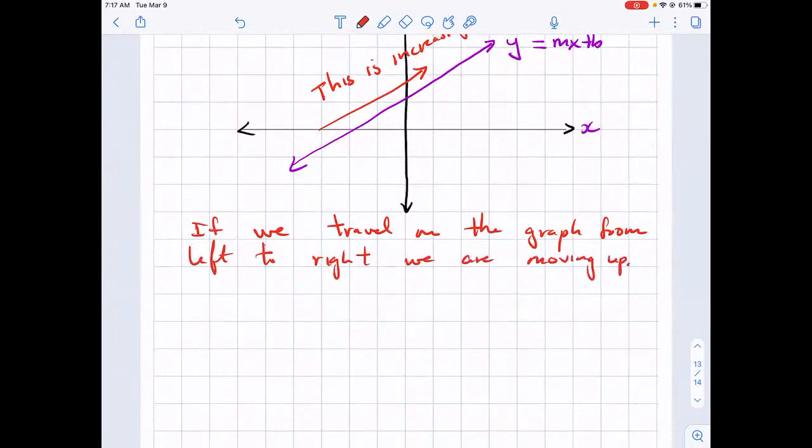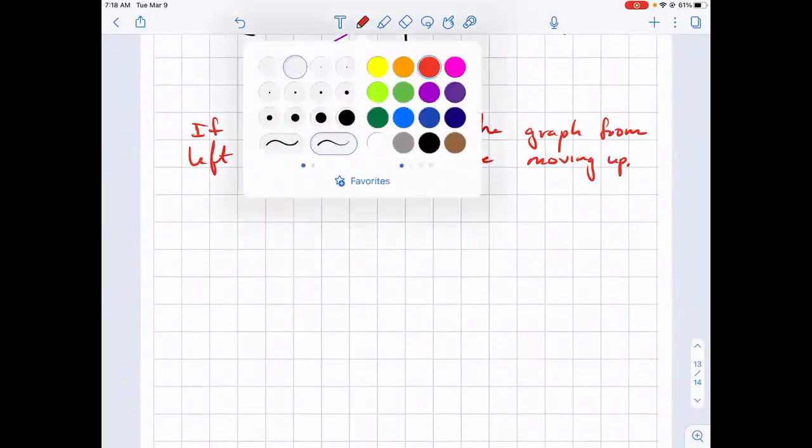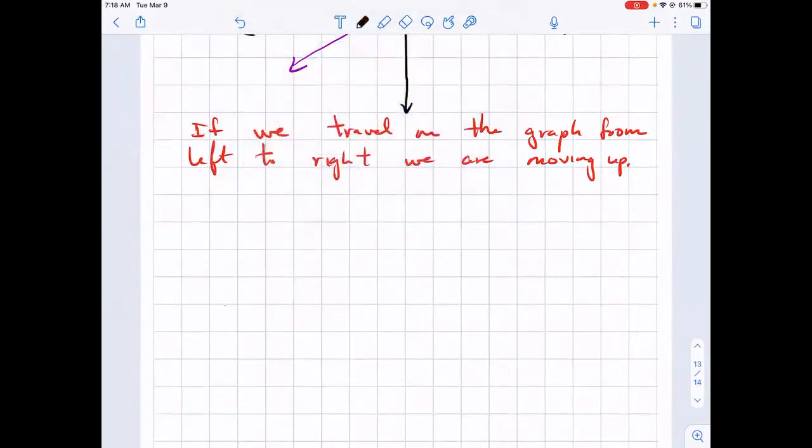Okay, we're moving up. Anytime we travel from left to right. So if we look at this example, we want to make sure we travel from left to right.